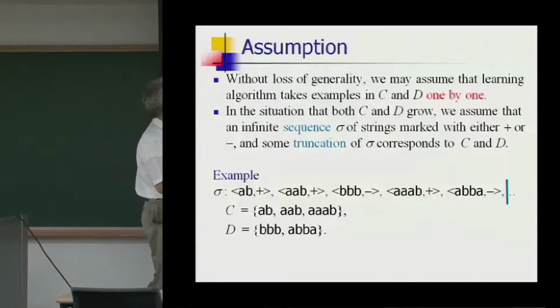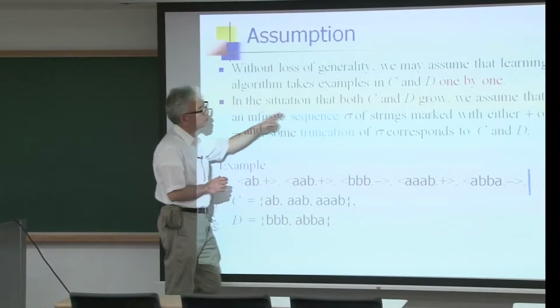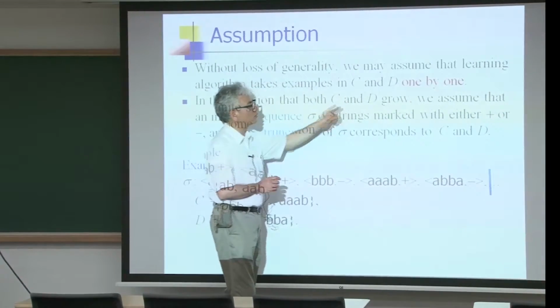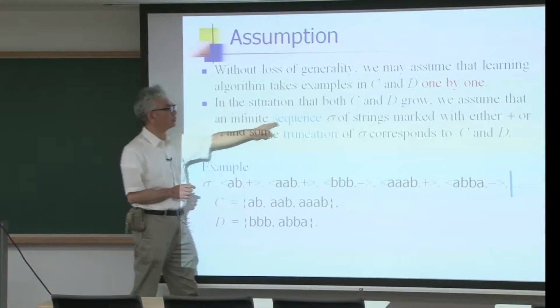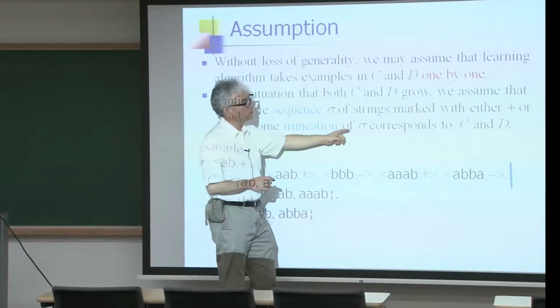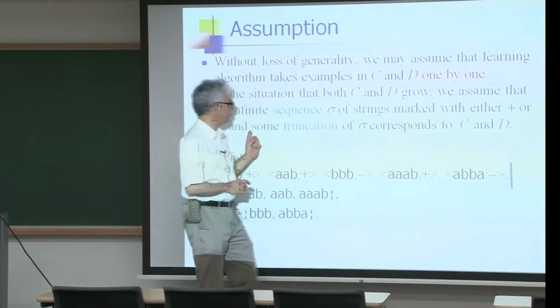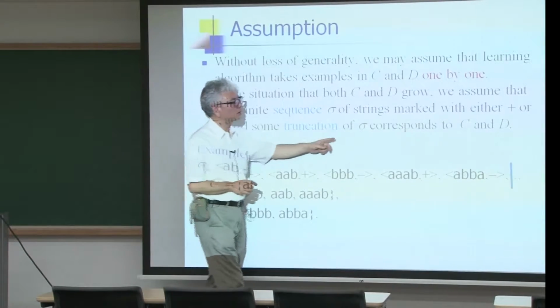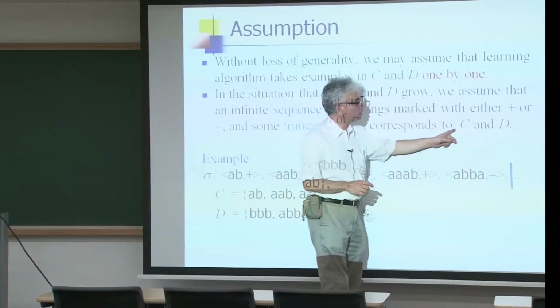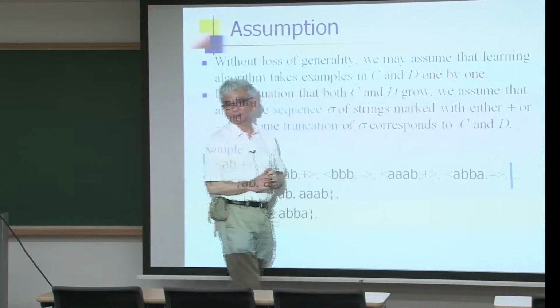And second, in the situation that both C and D grow, we assume that an infinite sequence sigma of strings marked with some polarity, and some truncation of sigma, correspond to the union of C and D.